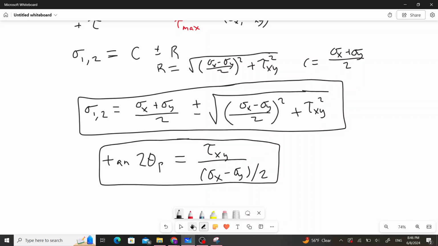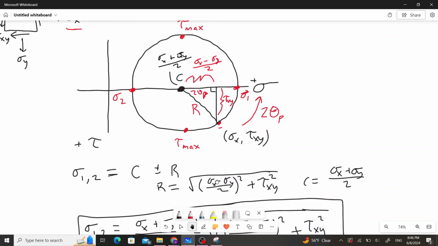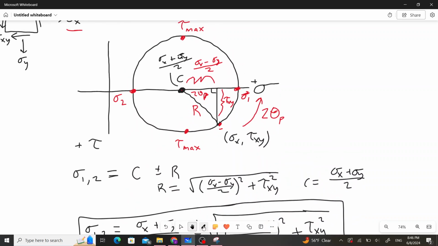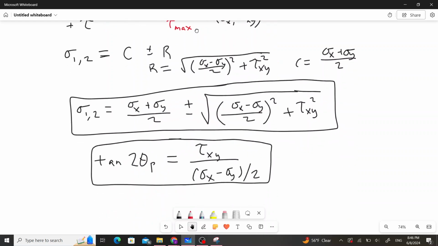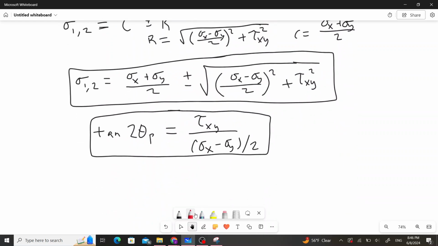Okay, and that's the same equation for the principal angle that we'd used previously. Now let's talk about the max in-plane shear. Max in-plane shear, you can see, is just the radius. So we've written that equation for max in-plane shear right here.